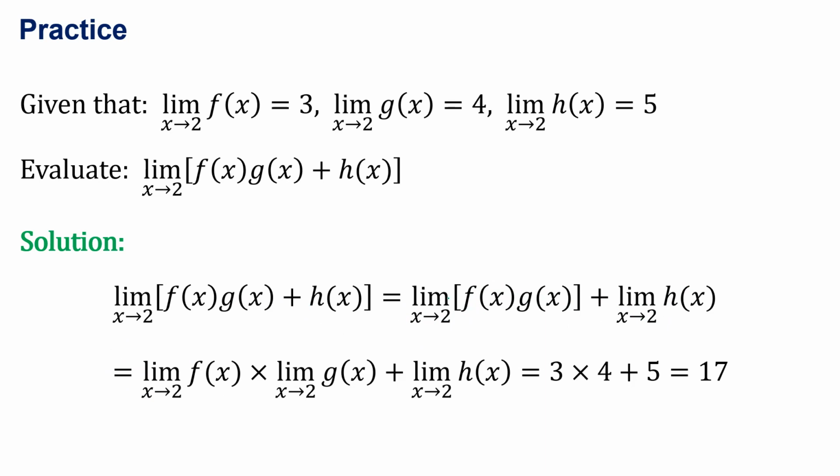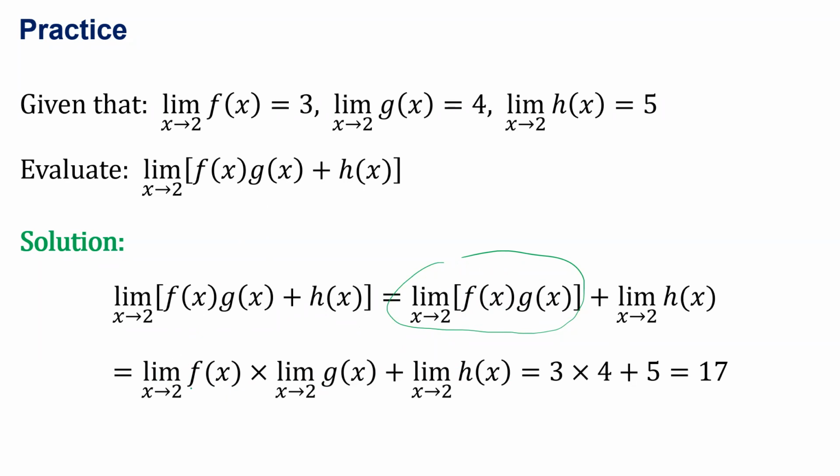And that equals, according to the property that the limit of a product of two functions equals the product of their limits, the limit of f(x) times the limit of g(x) plus the limit of h(x), right?